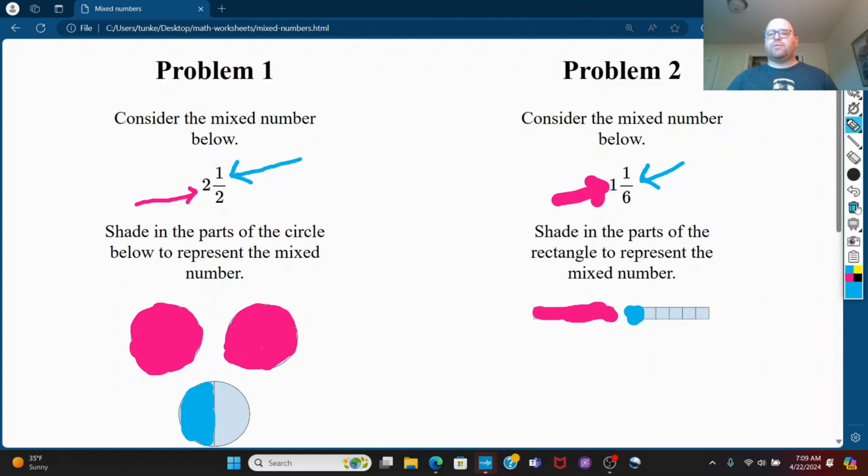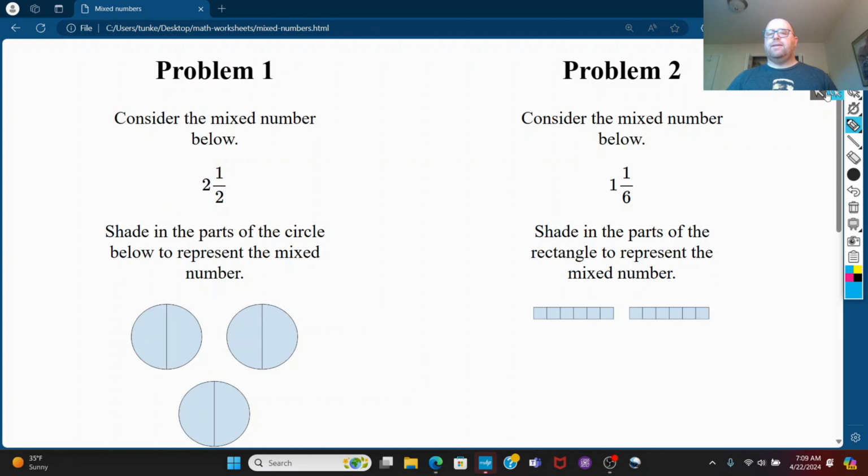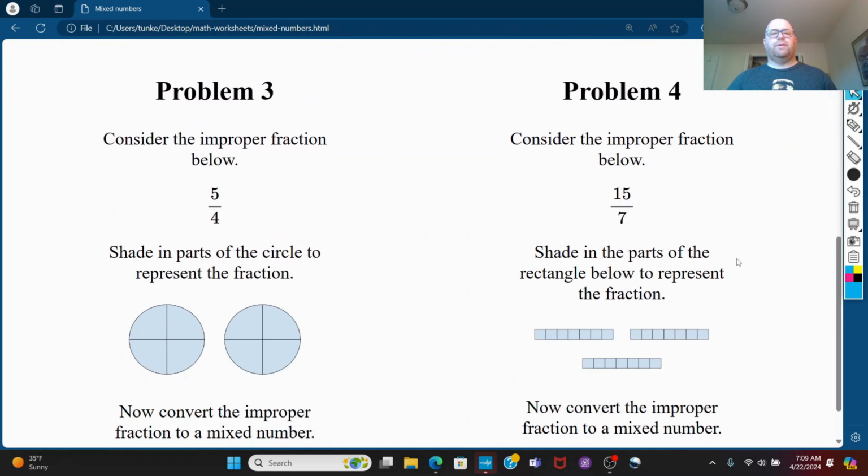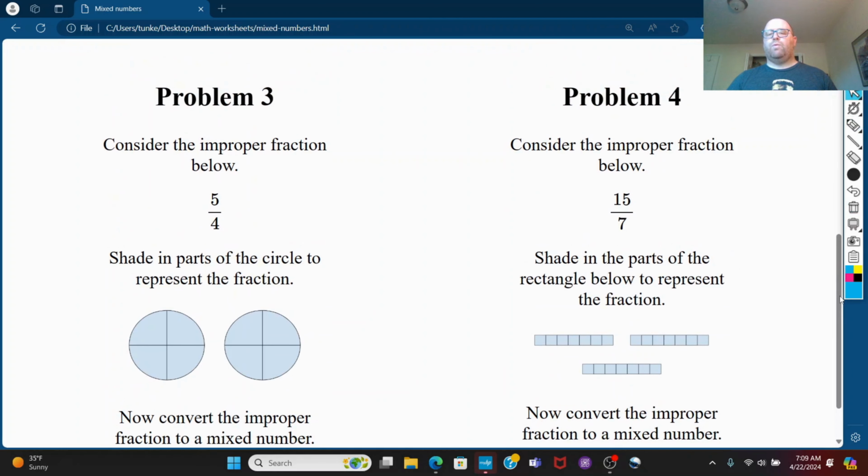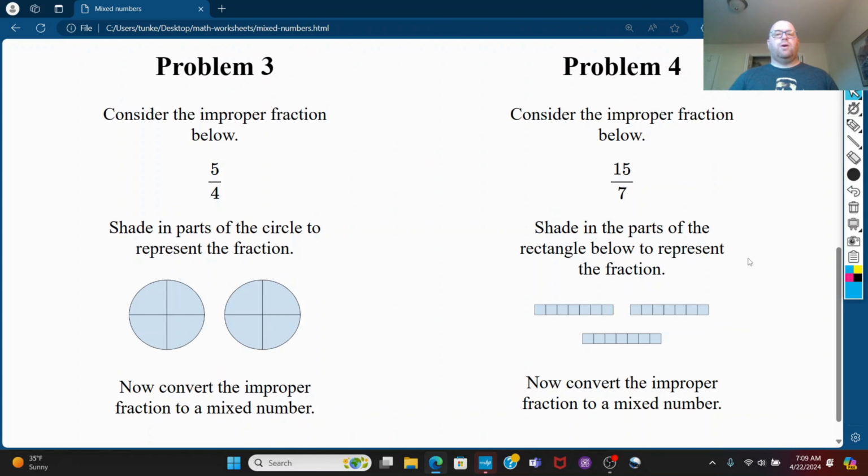I'm going to have to erase the screen, so I'm going to do that now, and then let's go down to problems 3 and 4, where we have improper fractions. Okay, so in problem 3, we have an improper fraction of 5/4. Why is it improper? Well, the numerator is 5.